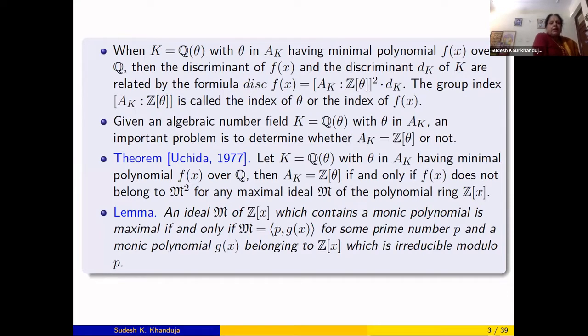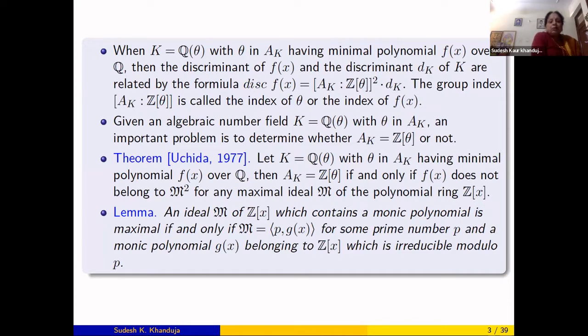Another simple basic result: given an algebraic number field K equal to Q(theta) with theta an algebraic integer, an important problem in algebraic number theory is to verify whether A_K is equal to Z[theta] or not. In this direction, in 1977, Uchida proved the following theorem.